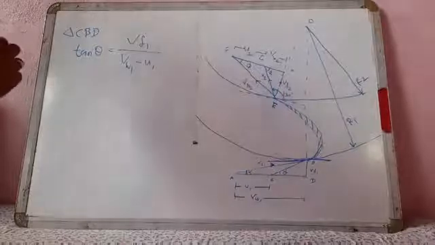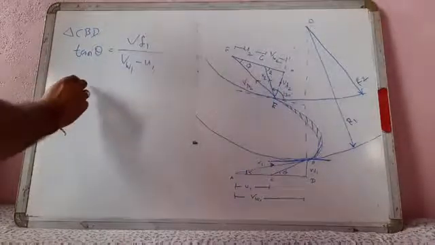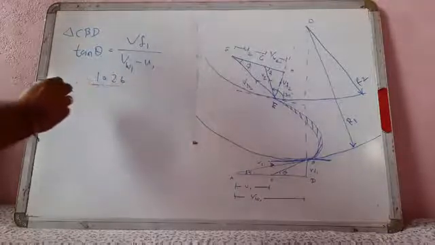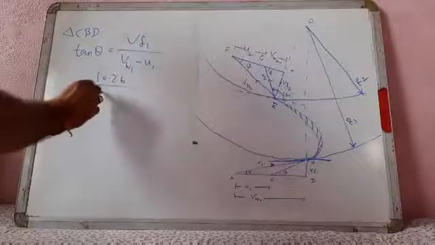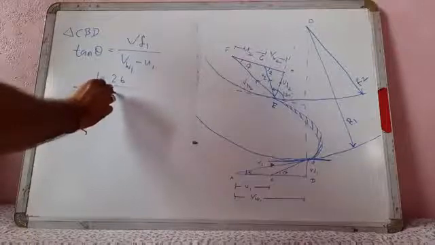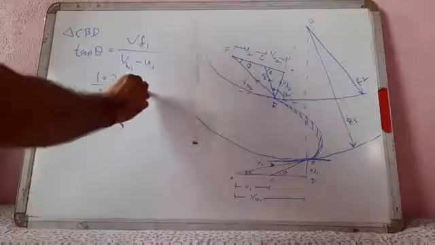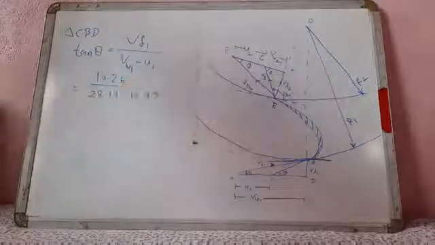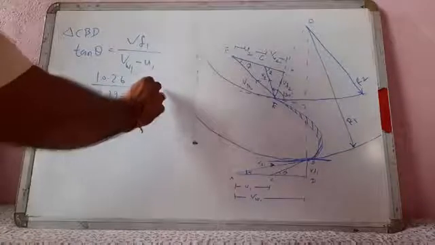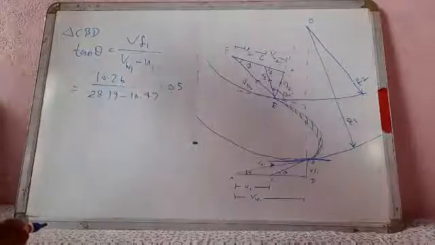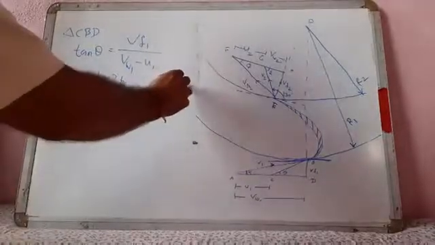Putting the values here, this is 10.26 divided by 28.19 minus 10.47, the value of U1. So this comes to 0.579.